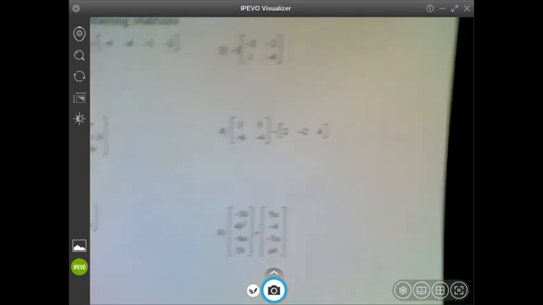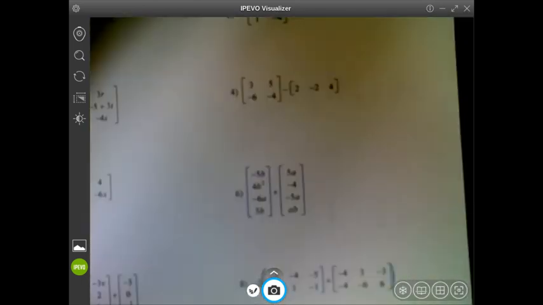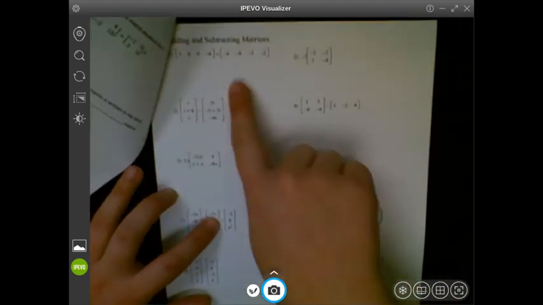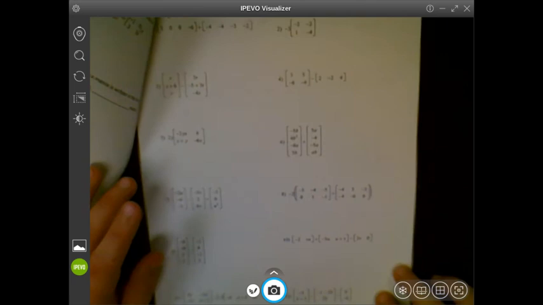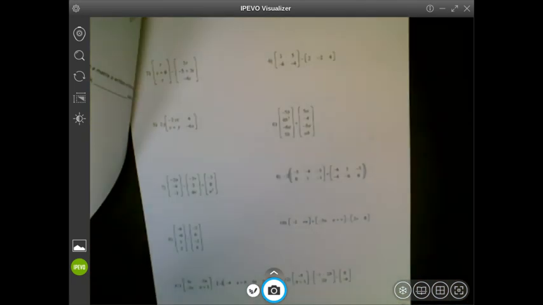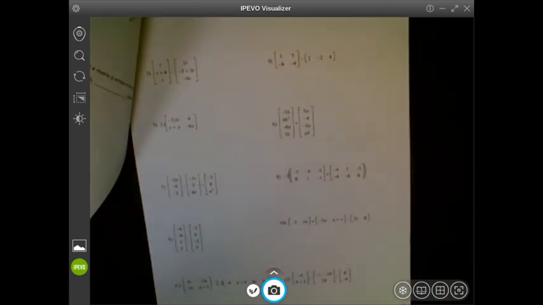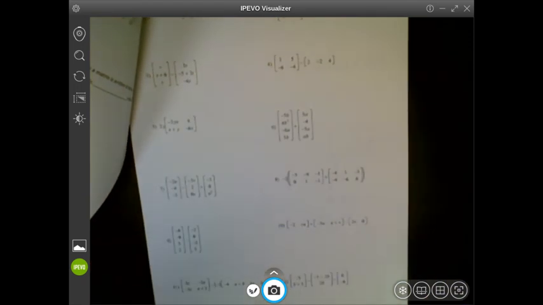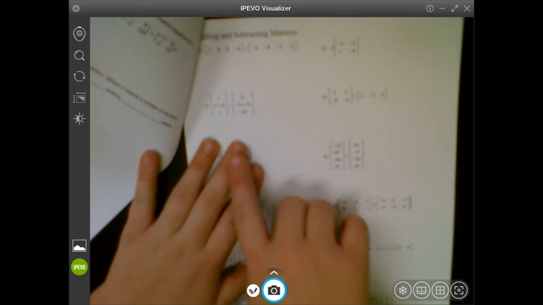All right, so your assignment is, if you go to page 5 in your packet, this is just adding and subtracting matrices. That should take you maybe 5 minutes. It should be super fast. Remember, check the dimensions, and if the dimensions don't work, then you're done, right? By the way, some of these have variables.